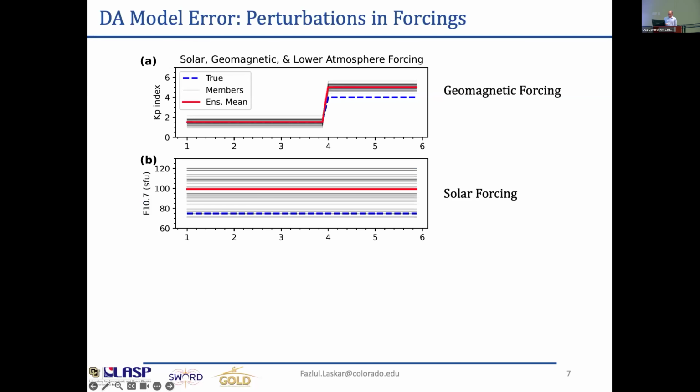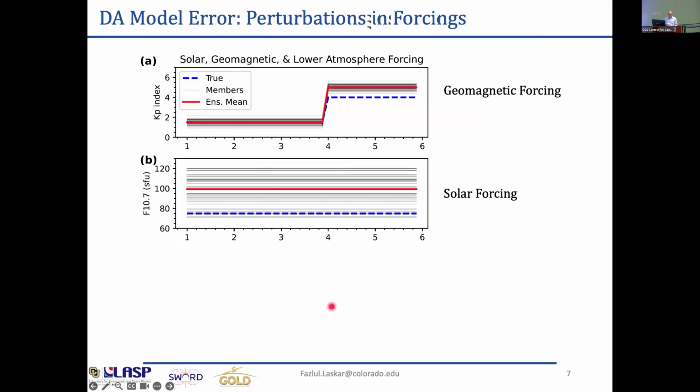And so these are some of the technical details about how we introduce the perturbation or spread in the ensemble members. So for this particular temperature assimilation I was showing in the previous slides, we used the geomagnetic forcing and solar forcing as perturbing parameters.